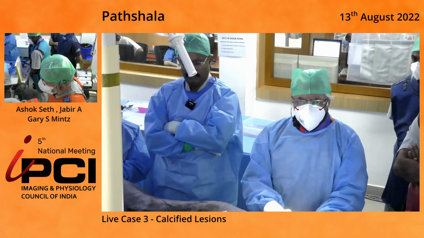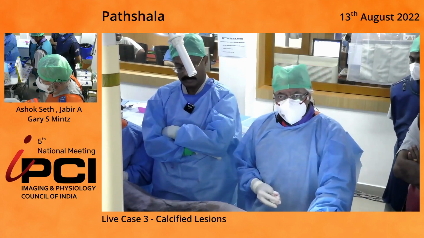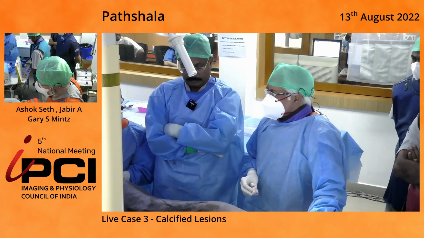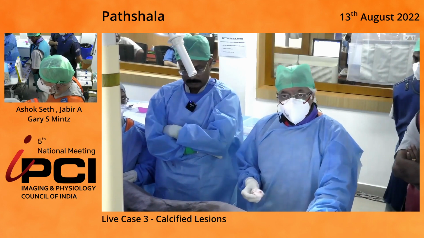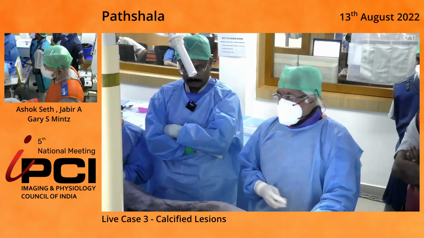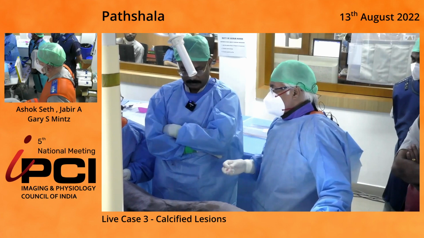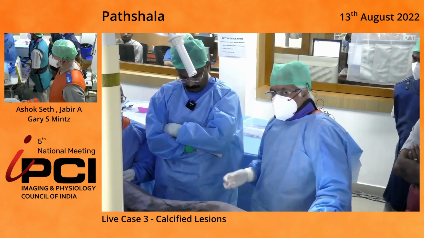And for me, the best form of non-compliant balloon is the OPN because it gives me pressures without expansion. And that is what I need. Remember, IVL only softens or may crack some of the calcium, but it will be the balloon to get me the maximum expansion or maximum pressures to expand.